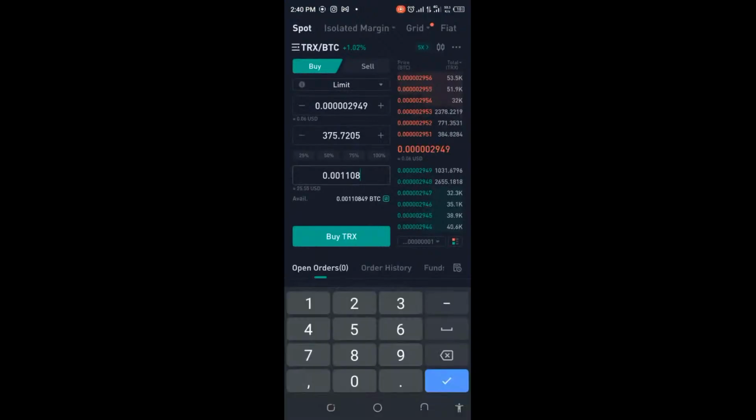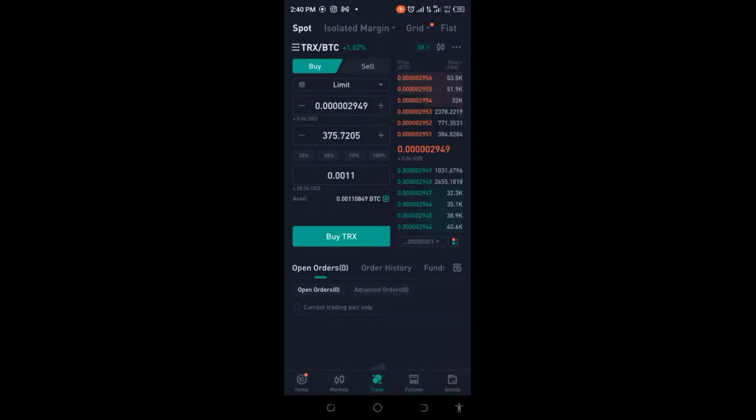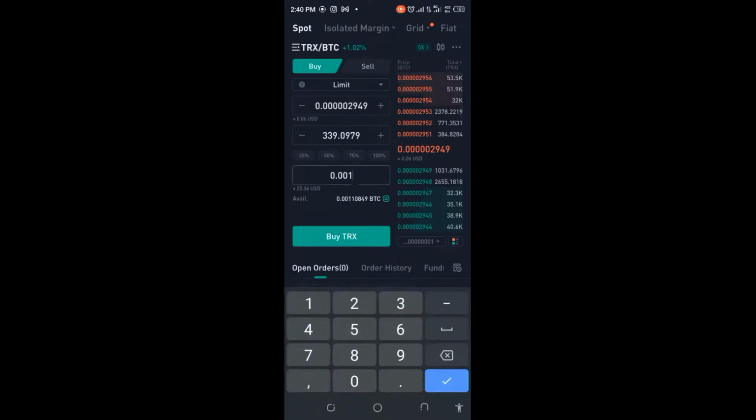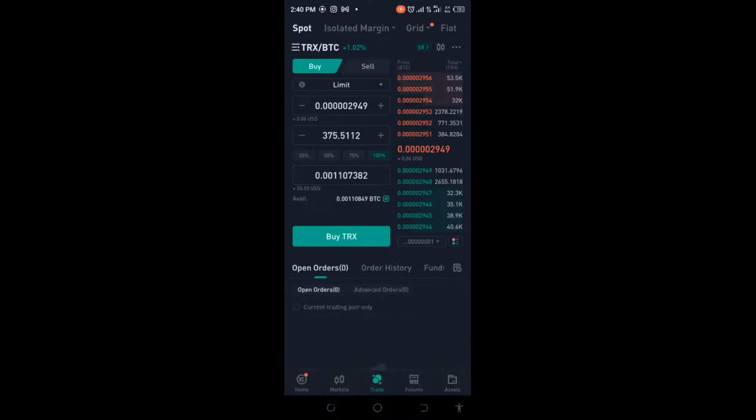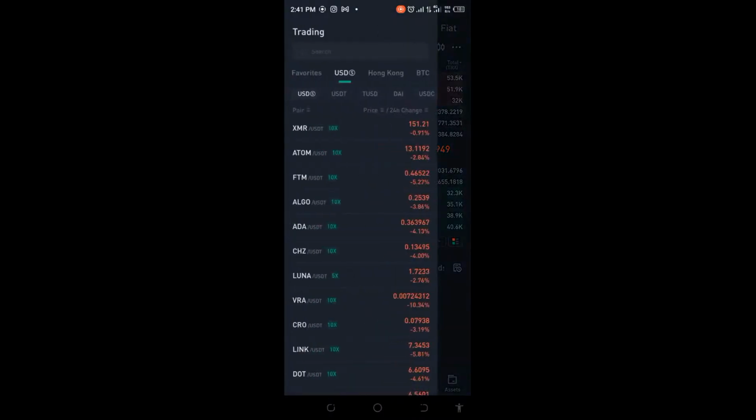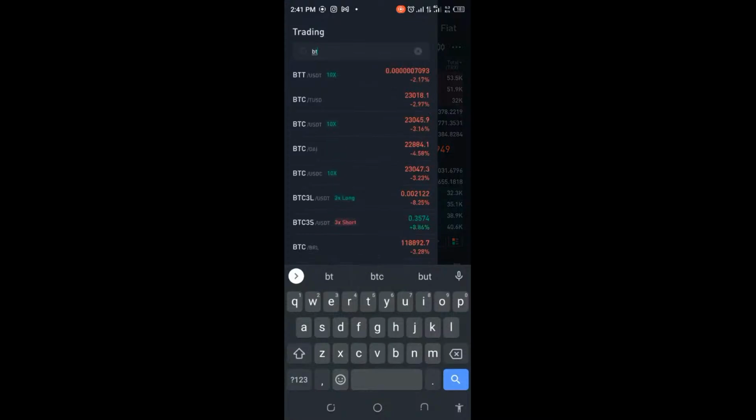Right now, as you can see, we need to change this to what we can actually use and make this profitable for us. So let me try and see if I put 100% here, what's that going to be? 375.51. If I change this to BTC USDT, what would that give me?